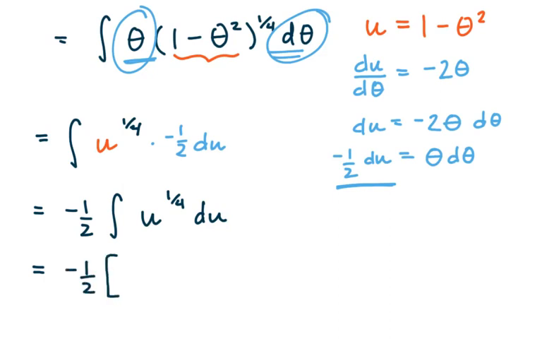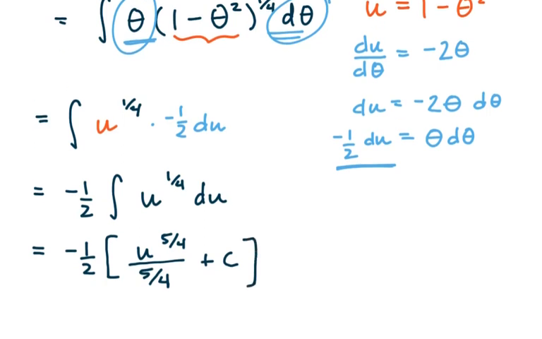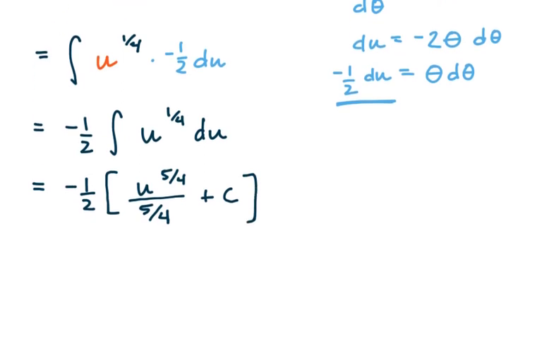So the integral of U to the 1/4, remember we use our power rule, we're going to add 1 to that 1/4, that's U to the 5/4 divided by 5/4 plus C. So dividing by 5/4 is the same as multiplying by 4/5.